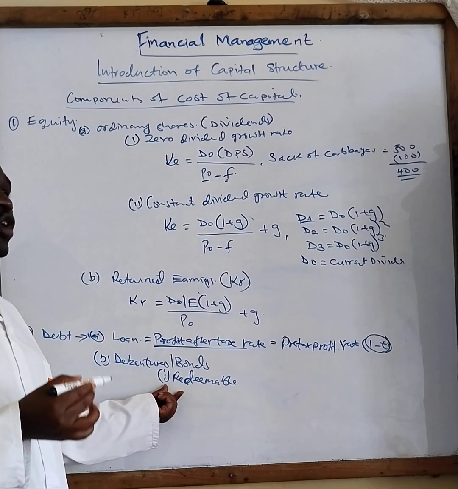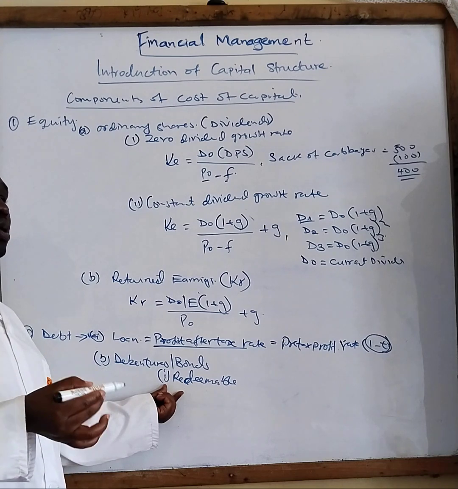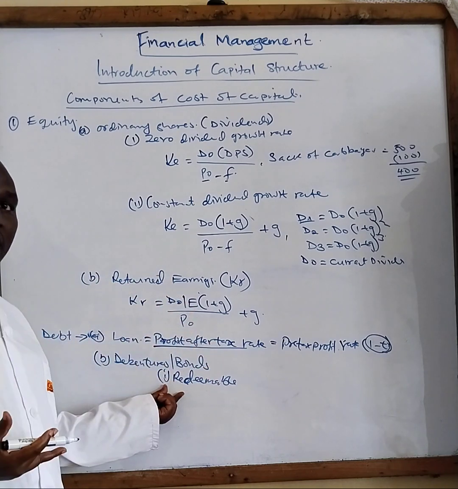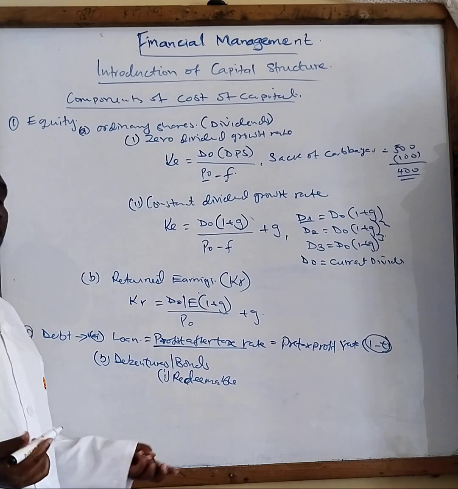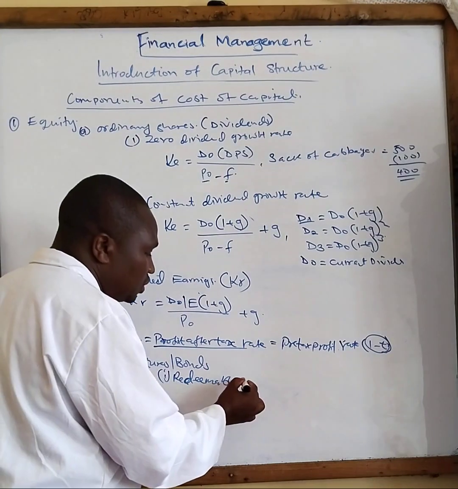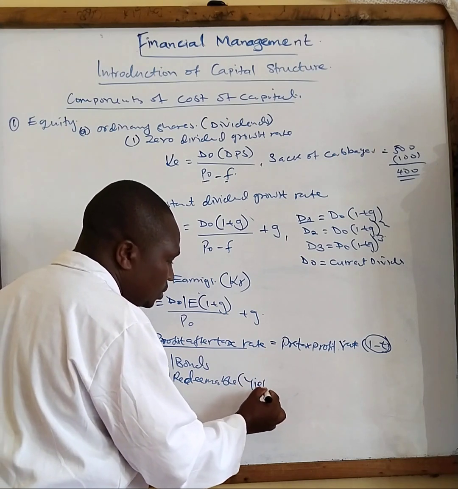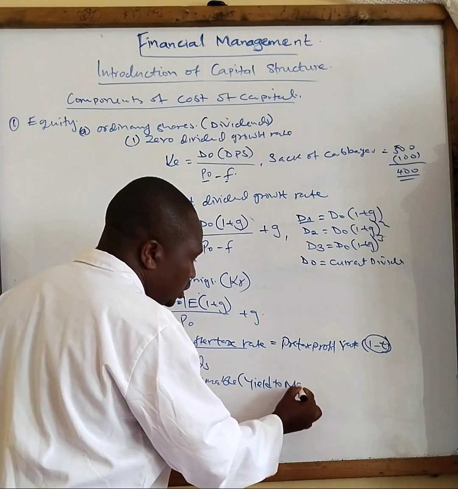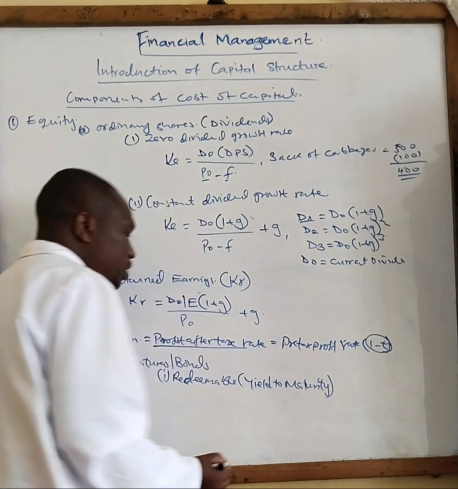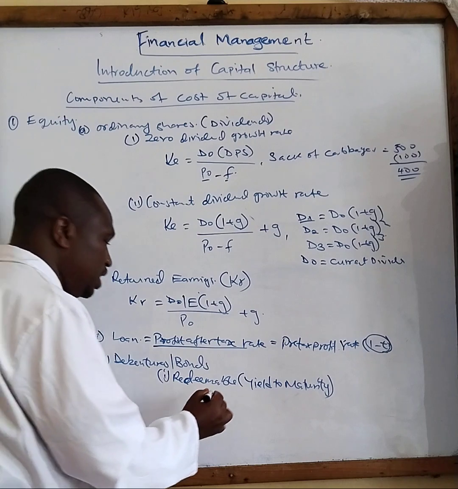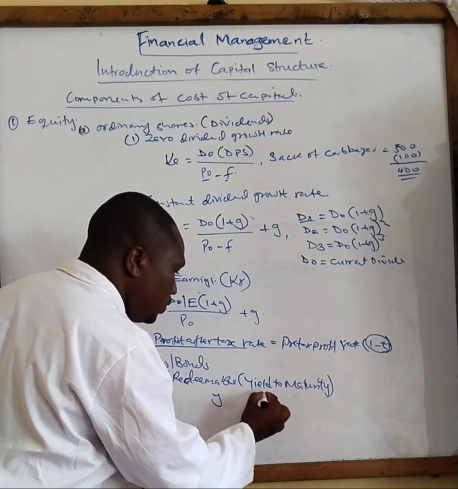Maybe the loan is for 20 years. Immediately the expiry of 20 years, the loan needs to be bought back to the provider. So we say redeemable loan. For that case, this redeemable bond is called yield to maturity. Yield to maturity.